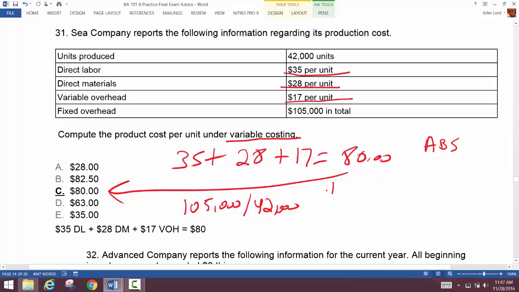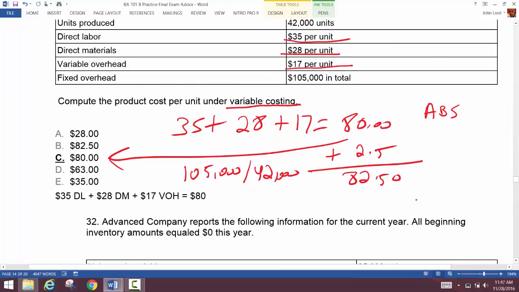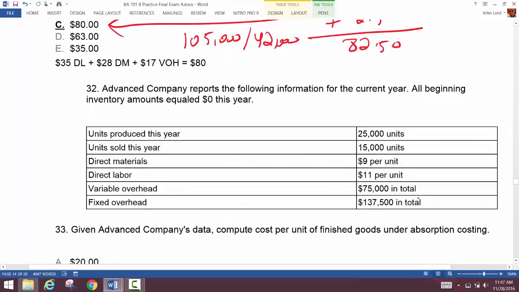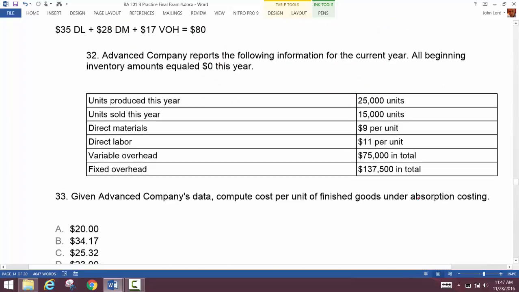Onto that, so it's 82.50. Okay, good. Was that the answer to the next question? No, but it is one asking me about absorption, right?